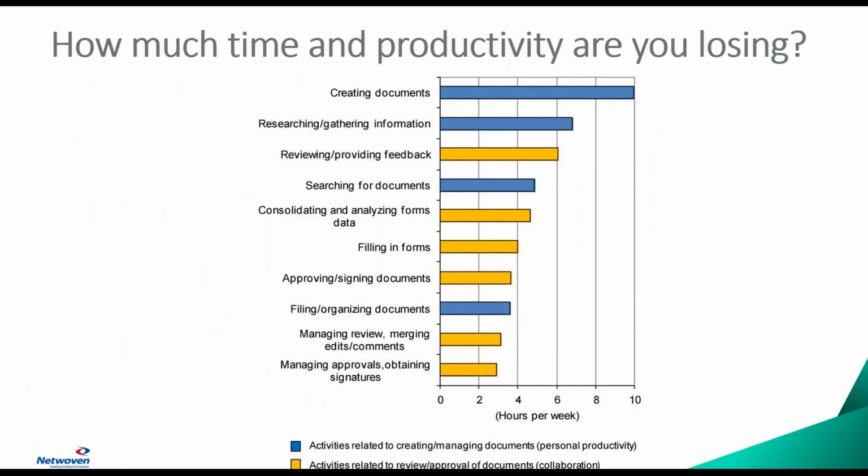One of the reasons we're here today, and the reasons that people are usually looking at document creation, if you take a look at the very top here, this is a graph of one information worker that is working through the week, and it's usually over 40 hours a week, and this is how they break it down after doing surveys. So everything in blue you can probably relate to. Everything in yellow is stuff that you end up doing between other people.